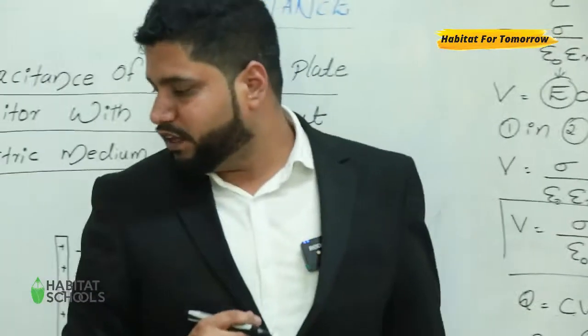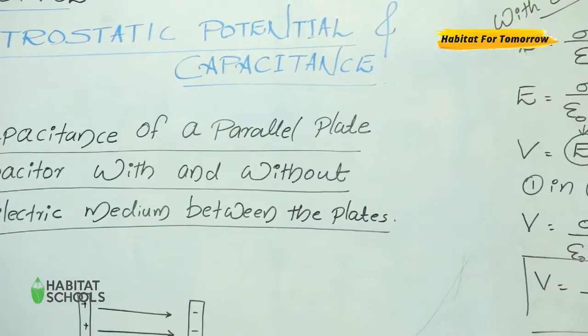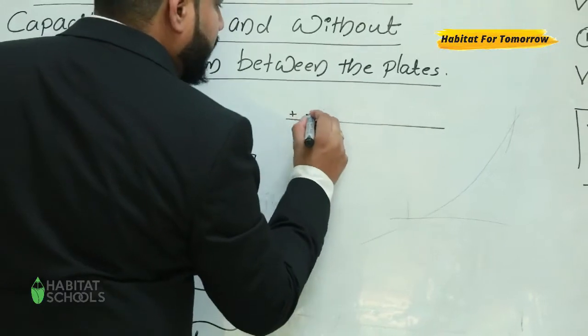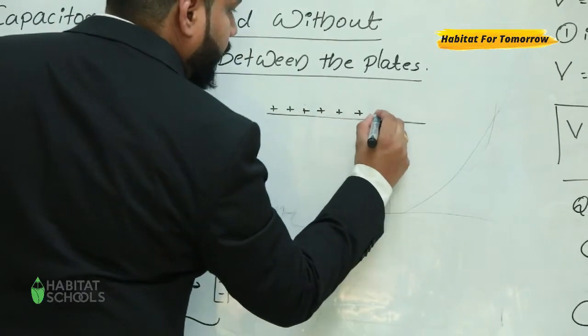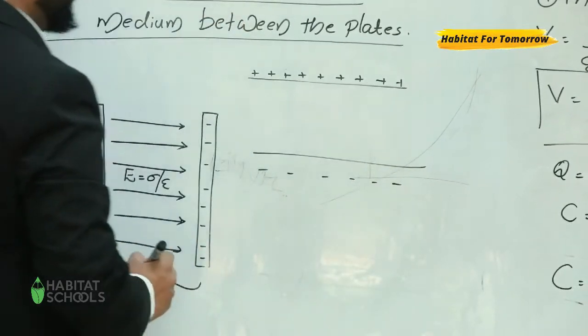And one more equation, that is here, one plate, positive charge is distributed. Okay, here negative charge is distributed.